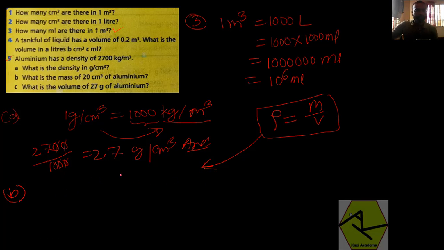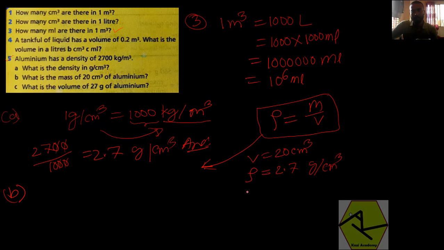Here volume is given, V equals 20 cubic centimeter, and density rho from the previous one is 2.7 gram per cubic centimeter.